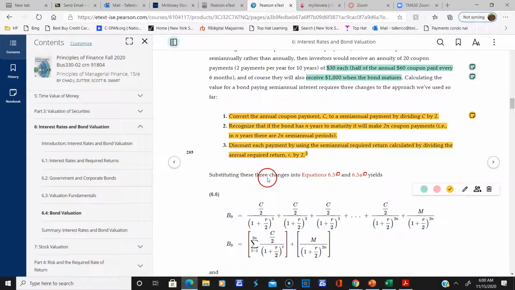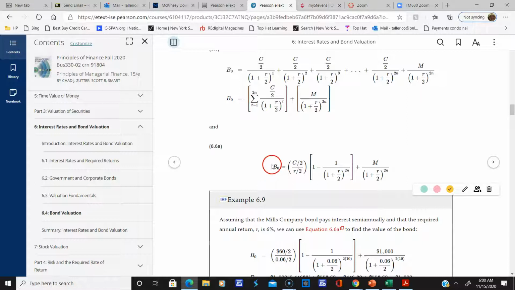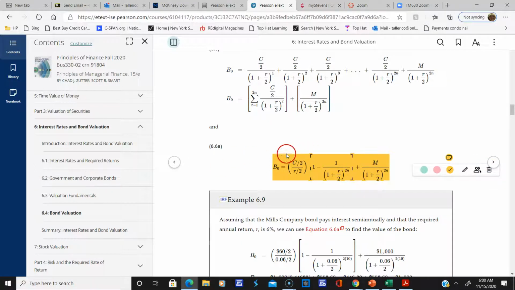So substituting these 3 changes into equations 5 and 6, you can see we're just doing a substitution. And this is the equation we have to know. This is a nice closed form equation. Let's go over this a little bit. So here's the coupon payment, and here's the required return, both divided by 2.